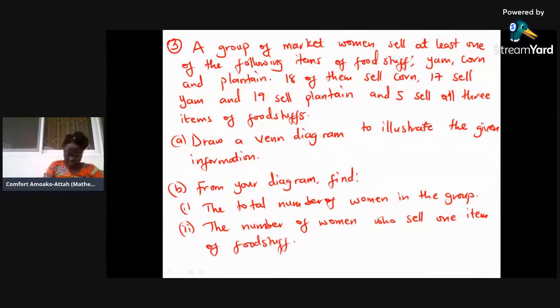Okay, so these are the questions. So how do we tackle them? For Venn diagram questions, I always encourage my students to bring out the important parameters, the important information.